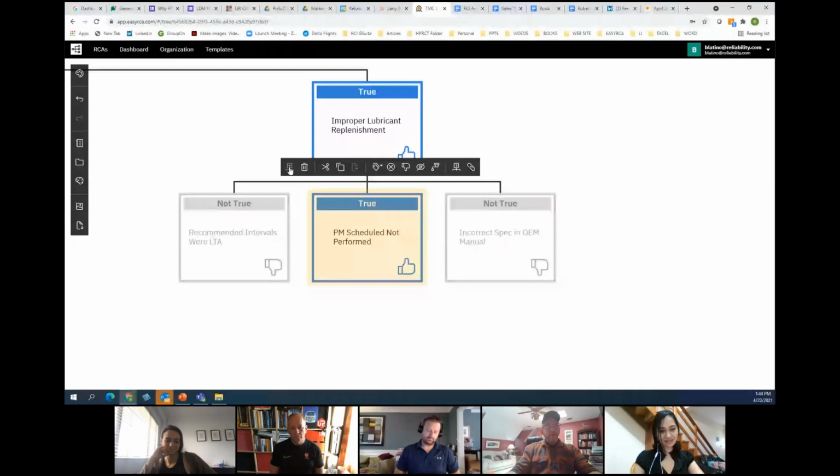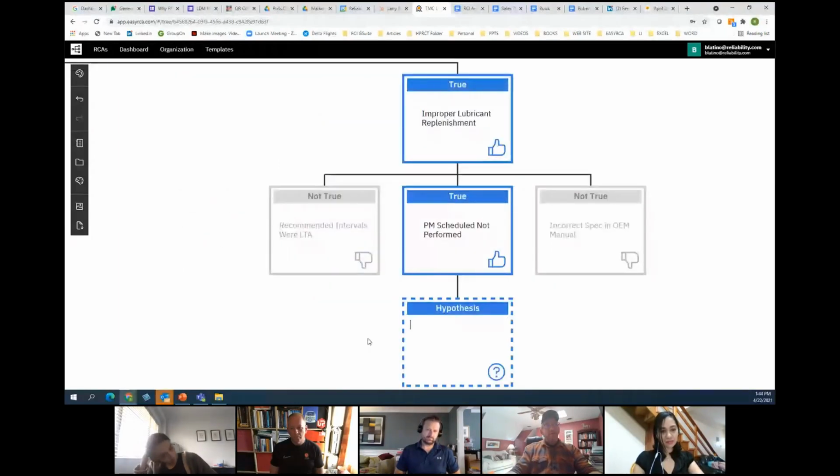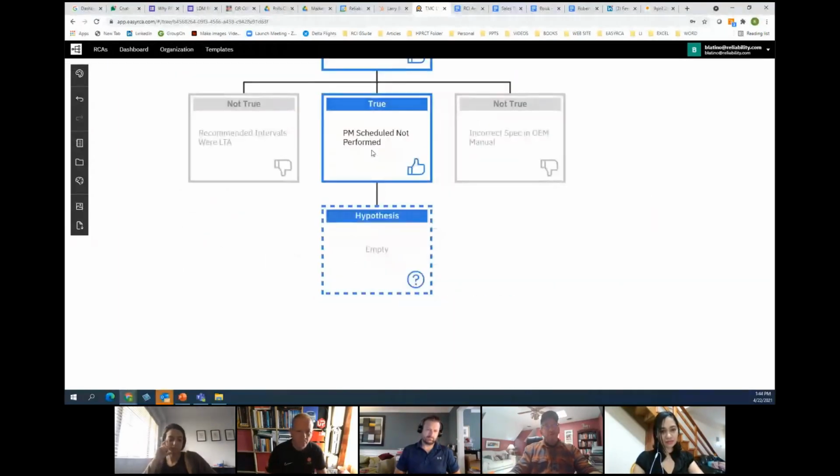So what would you give me as a reason for why someone would not choose to do a scheduled PM? Could be maybe access to equipment. Operations didn't give it up, or I guess you do want to lubricate while it's running, but I'm saying no access to the equipment. Okay.